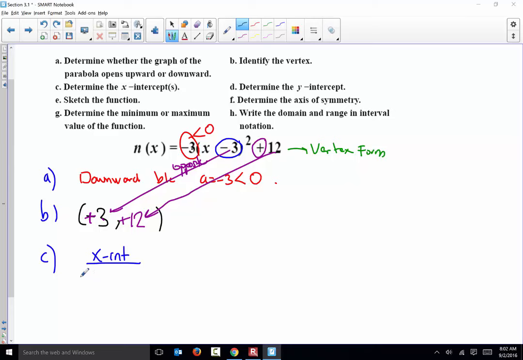Set y equal to 0. Yeah, it's always the opposite variable. Set the opposite one, y, into 0. Okay, where is y? This guy is y. So I'm going to set that into 0 here.